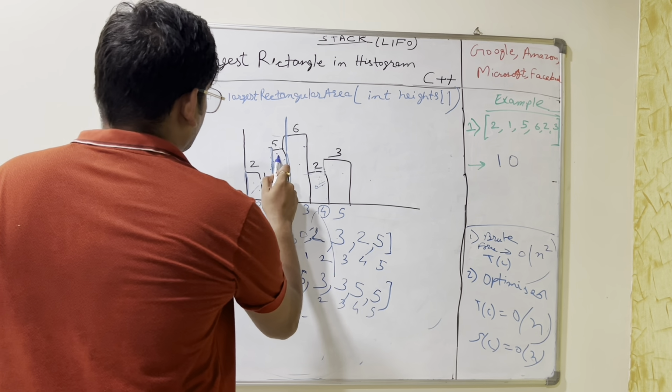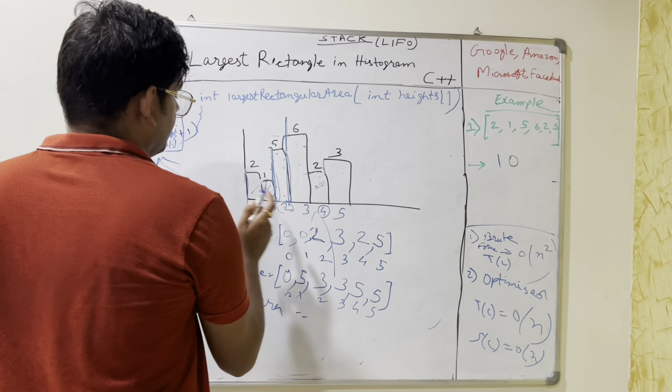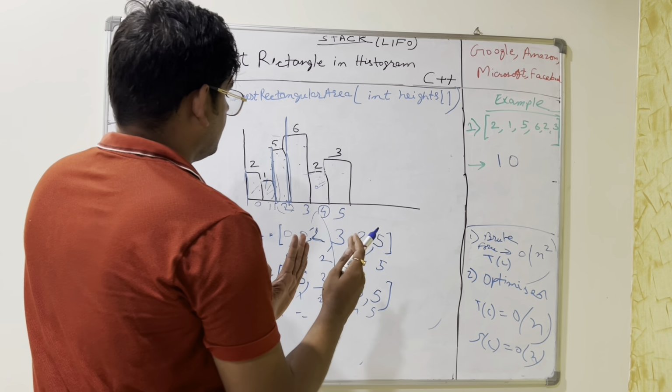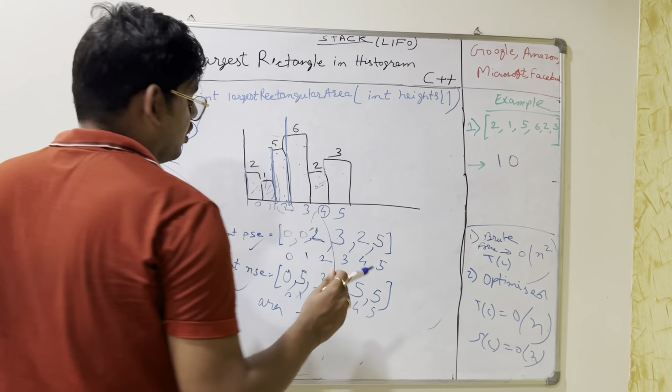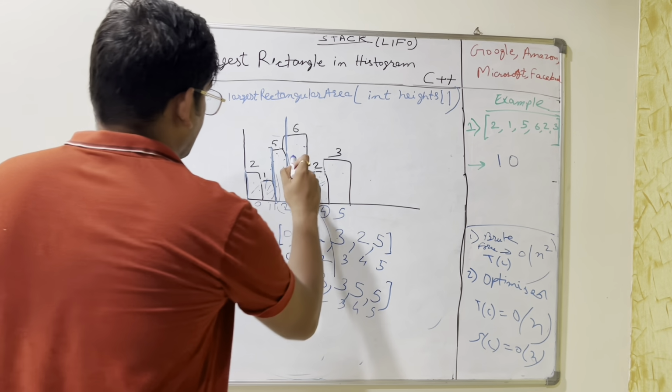So for example, for 6 we don't have a previous smaller, we don't have a next smaller. So when we don't have both values, it becomes the same, right.